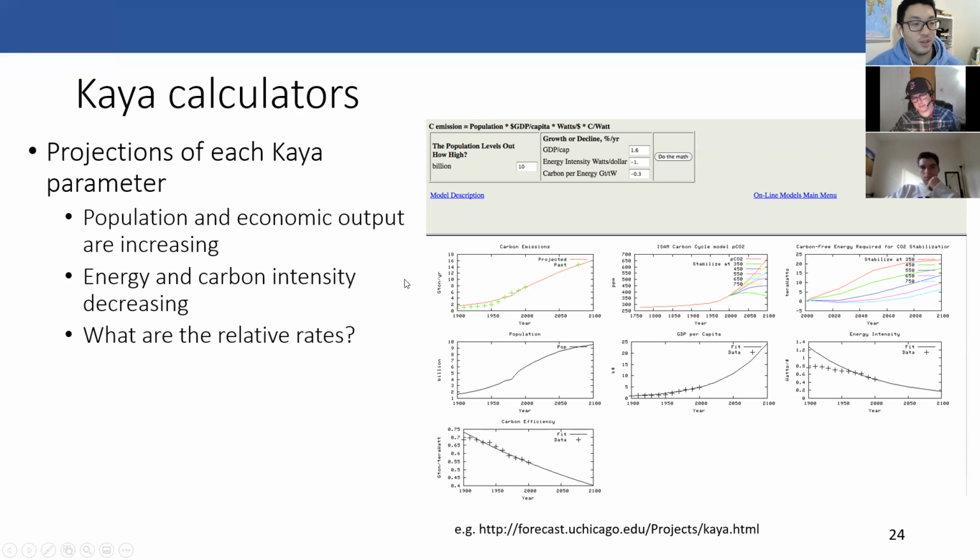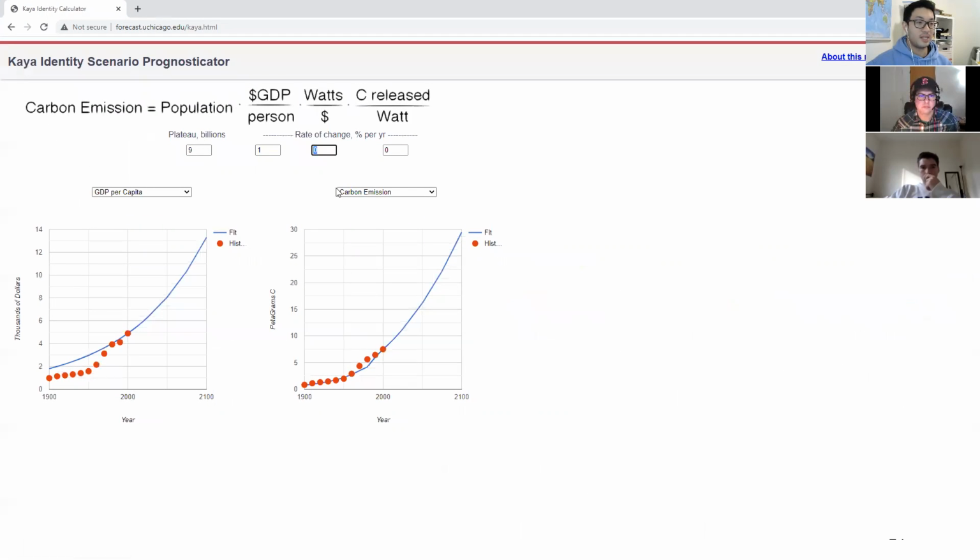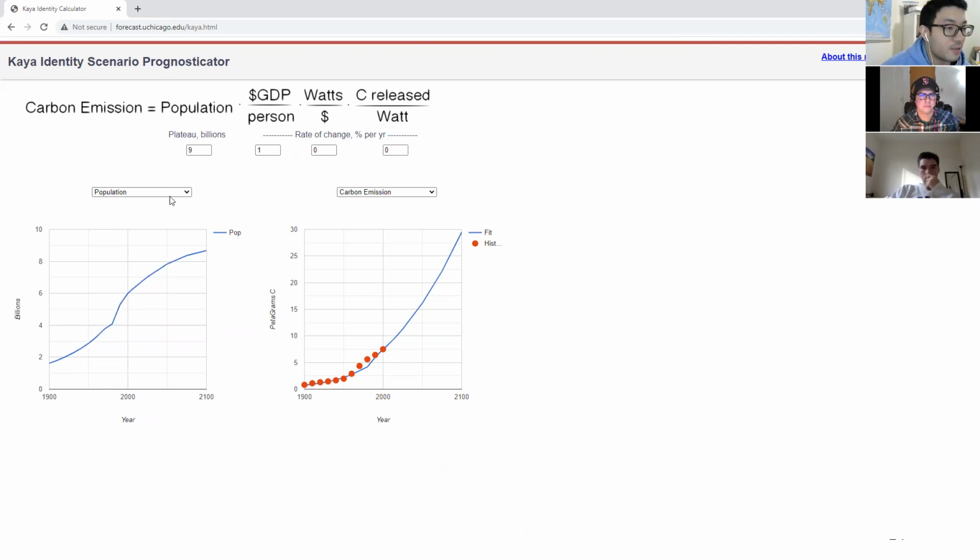How much would you have to improve your intensities in different ways to overcome your population or economic output benefits? I've provided a link here. You can take a look at this. This is a really simple example where you can mess around with different parts of your Kaya identity.